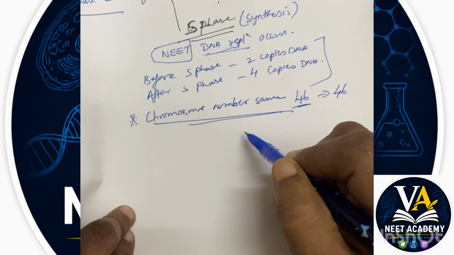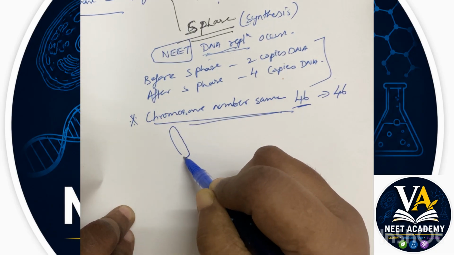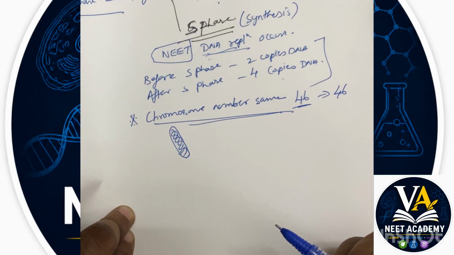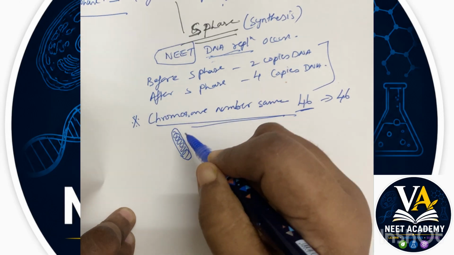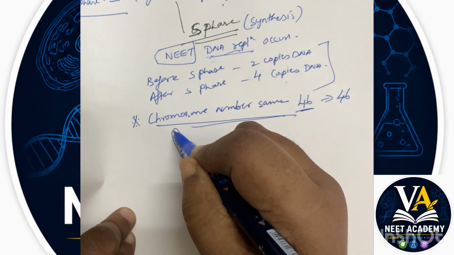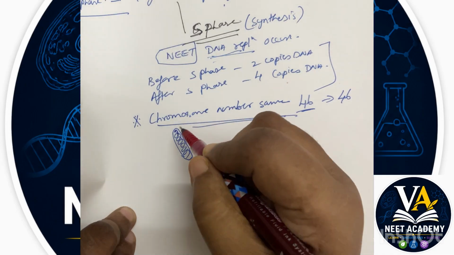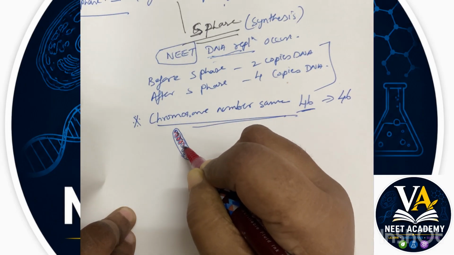If you are still confused, you have to just remember a chromosome is a chromatid in a condensed form. Now when I say the S phase is happening, what is happening? The DNA is producing its another copy, something like this.